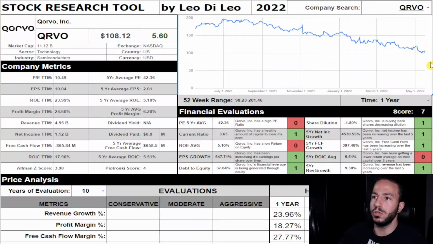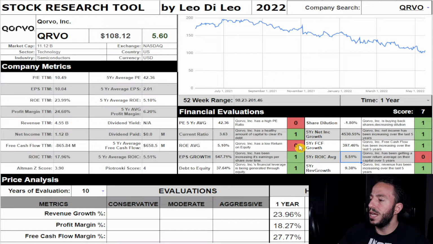So I'm going to bring it over to the stock research tool, just to pull up Corvo out of curiosity. Load that up here, because that was one of the companies on the list. I haven't covered this company just yet, but check this out, folks. Scoring it a 7 out of 10. So it pretty much checks off a lot of our categories here.